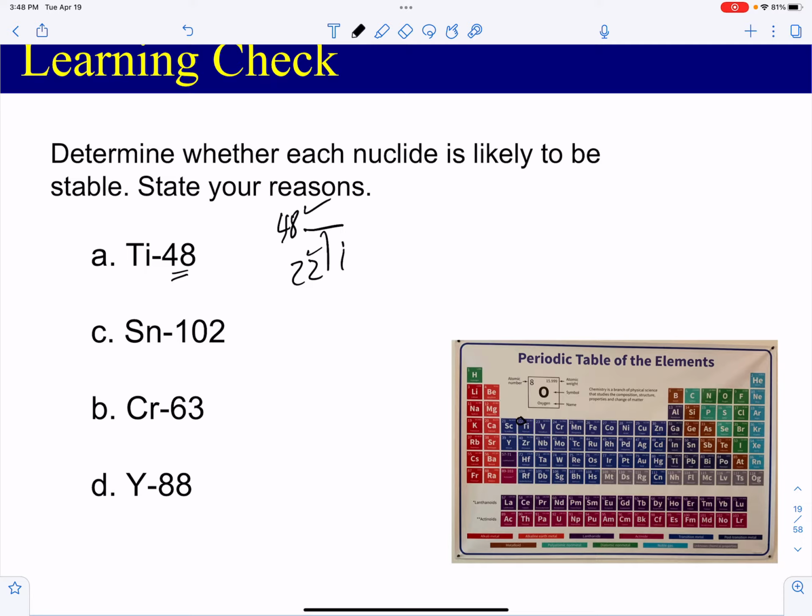Let's see the ratio. Protons equals 22. Neutrons equals 26, because 26 plus 22 is 48. So that's our mass number. So almost 1 to 1, and they're even numbers.